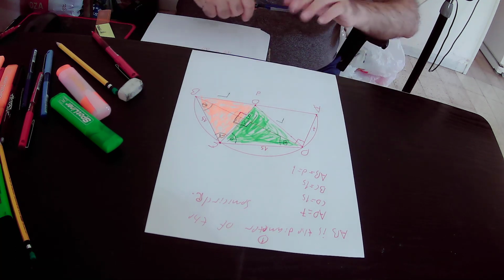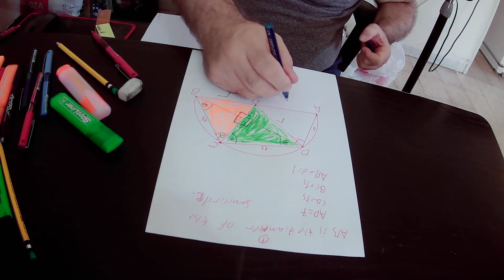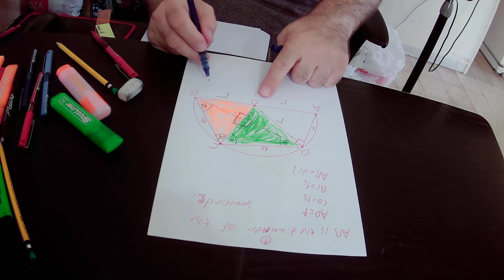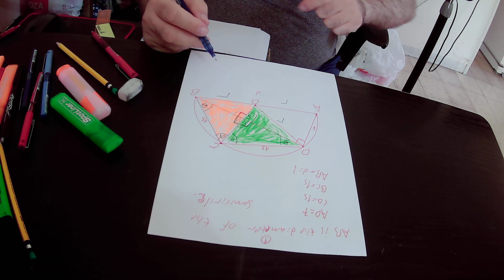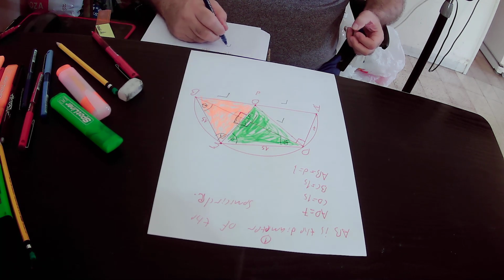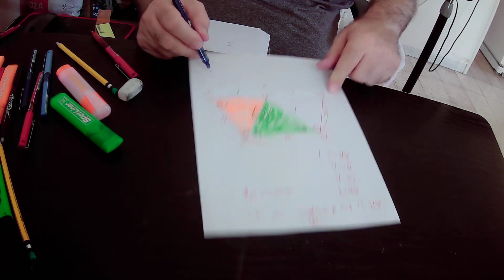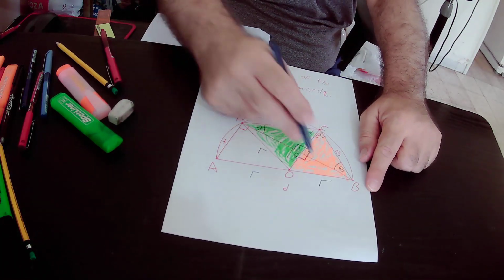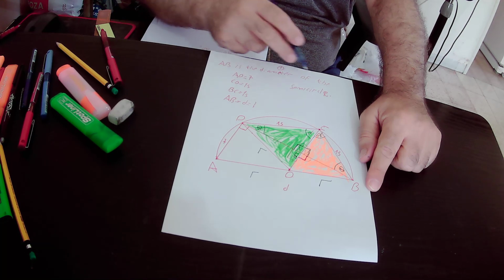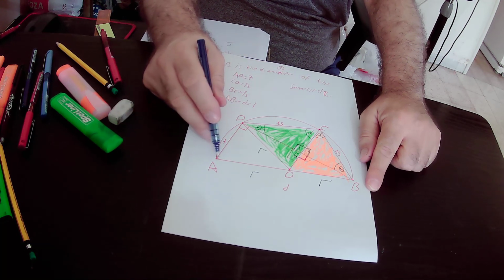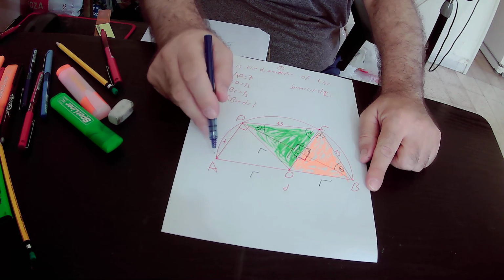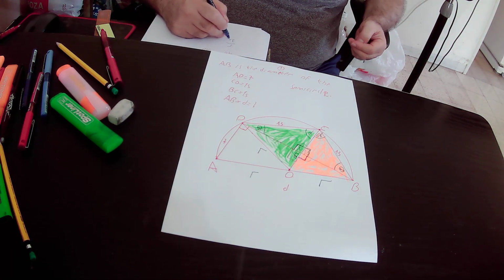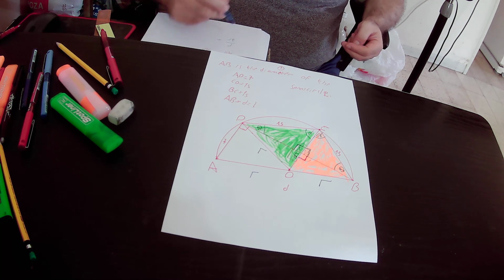So OA is also the radius, but OB is the radius of this semicircle, so OB equals R. And what is the value of AB? AB is the diameter of the semicircle, therefore AB equals 2 times the radius. So AB equals R plus R, that is to say AB equals 2R.